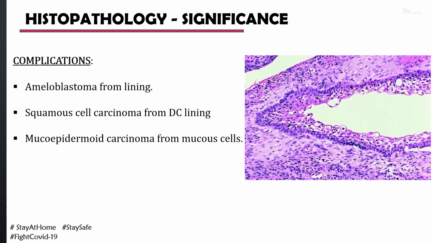Such cells are prone to the development of mucoepidermoid carcinoma. So, if a cyst is not evaluated thoroughly, the complications of a neoplastic transformation may be missed out. So, each and every cystic specimen should be evaluated thoroughly.